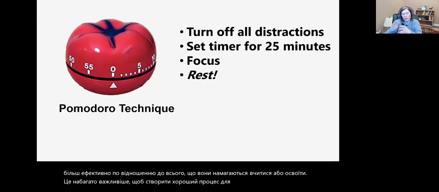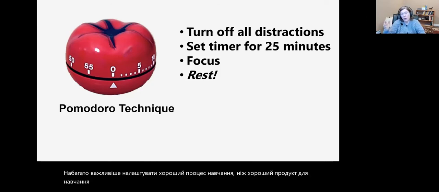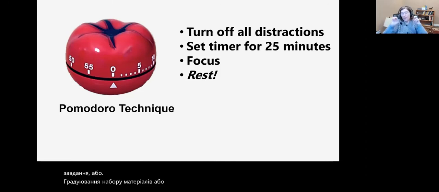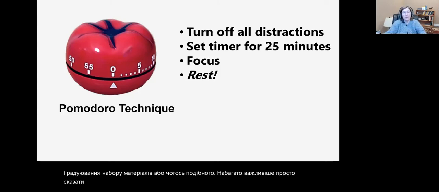In other words, don't focus on finishing whatever you're doing, like a homework set or grading a set of materials or something. It's much more important to just say, I've got to do 25 minutes of this, and then I get to rest. This focus on just the process helps make it so it's less painful for you and you're actually more effective.